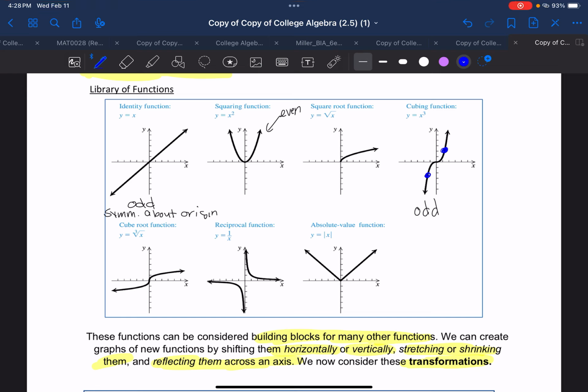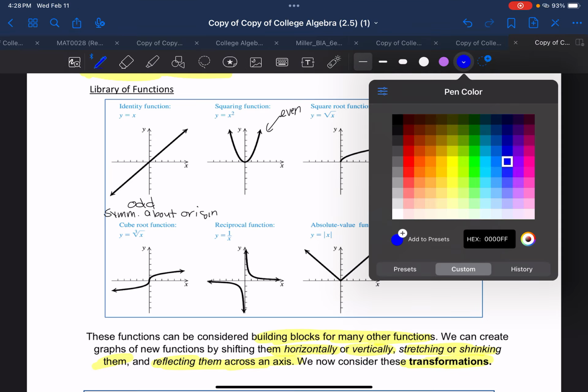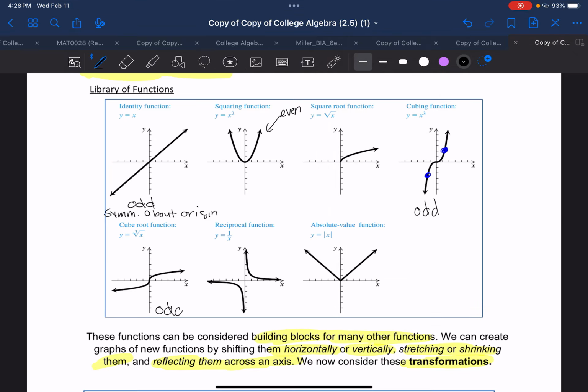And so that is symmetric about the origin. And then the next one is also odd, the cube root function. The next one is also odd. And the last one is even. So I just wanted to go over that so you could get an idea of how to identify that visually.